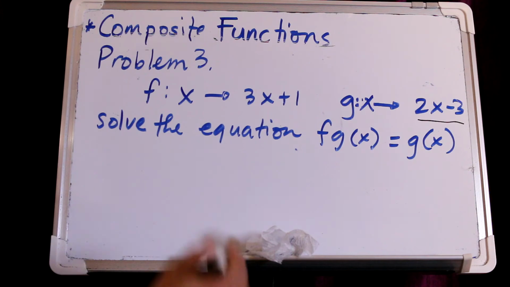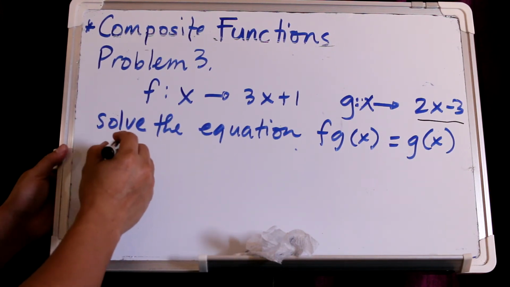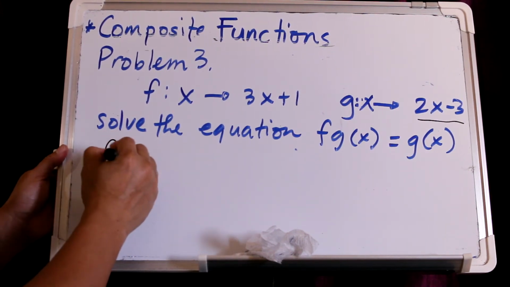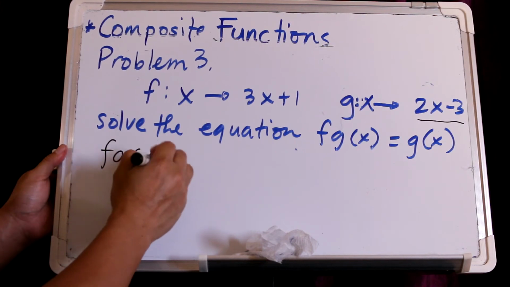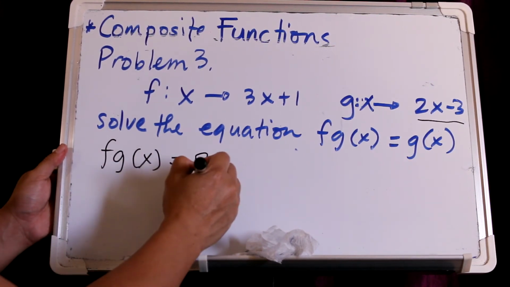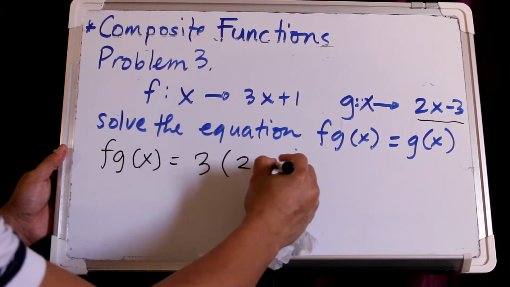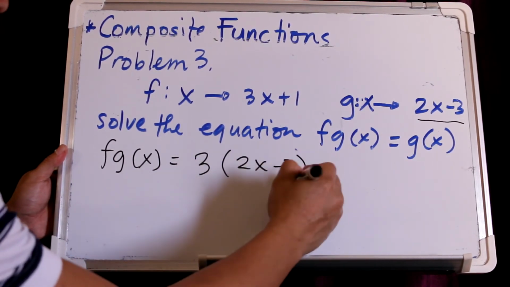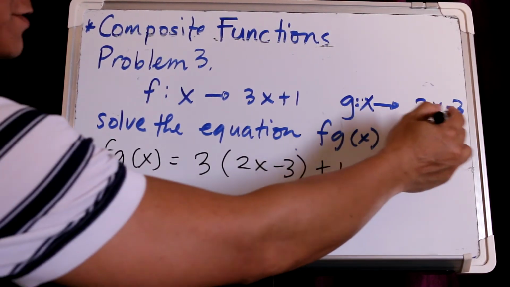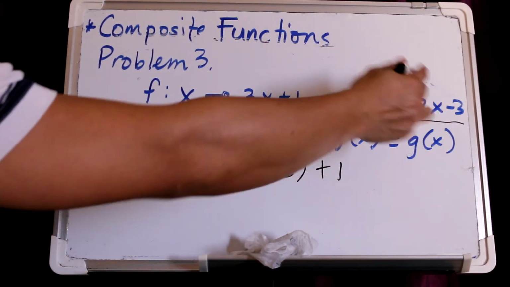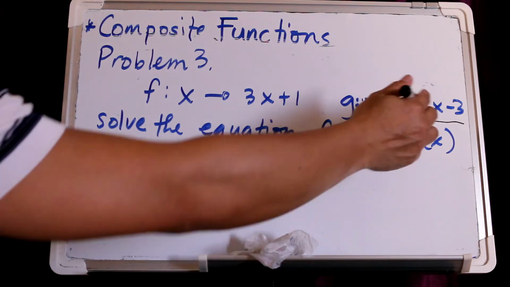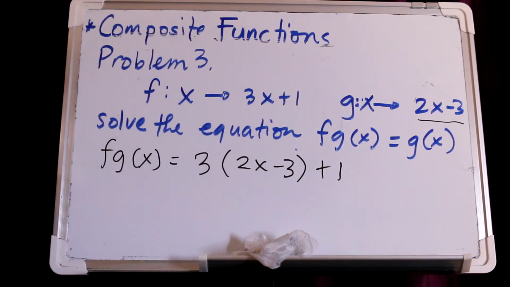Okay, so first thing is we need to find fg(x). So that means we will write fg(x) equals 3 times (2x minus 3) plus 1. So this 2x minus 3 goes in as your input.